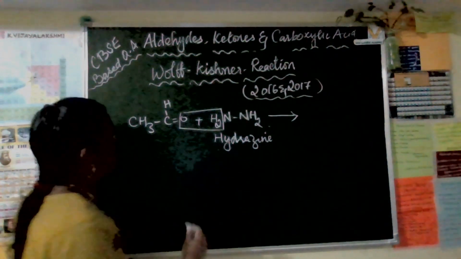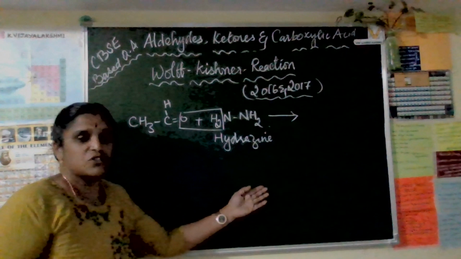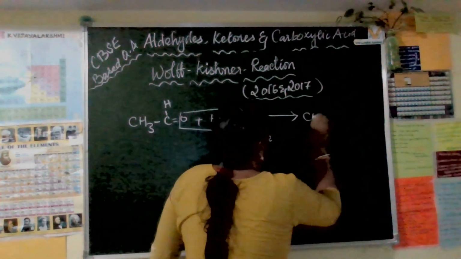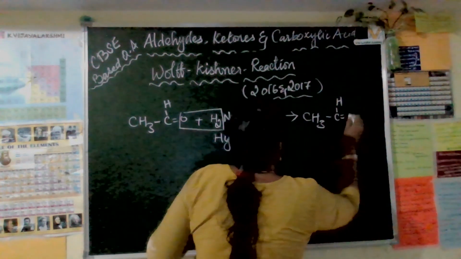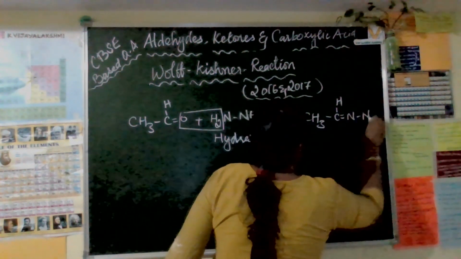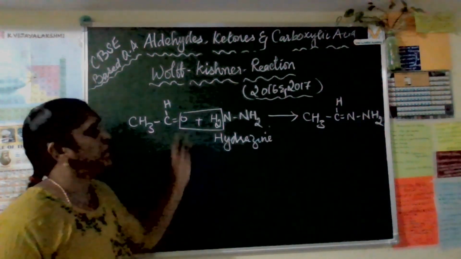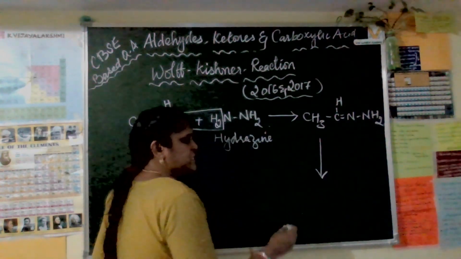The Wolff-Kishner reaction is also a reduction reaction. What is the product you are getting? CH3CH double bond N-NH2. A simple way for you to remember. I'm bringing all these important questions for you.